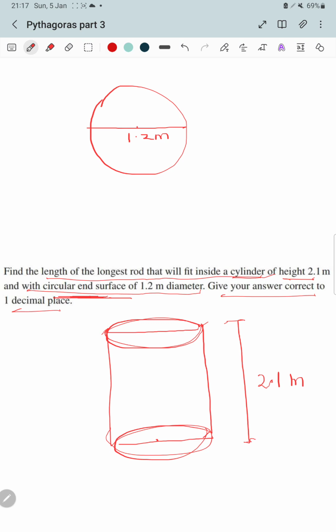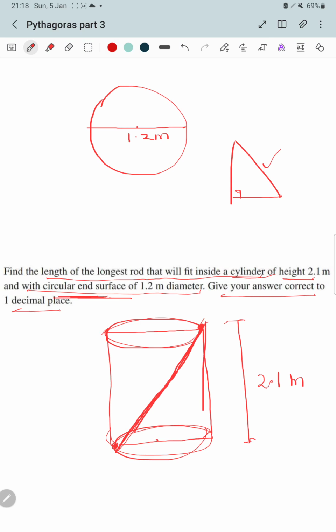Very important point: if you want to keep the longest rod in it, you can start with one end of the circular face and join it with the opposite end on the bottom circular face. This will be the longest, because whenever you have a right angle triangle, the hypotenuse is the longest side. So the rod should go across the diagonal.